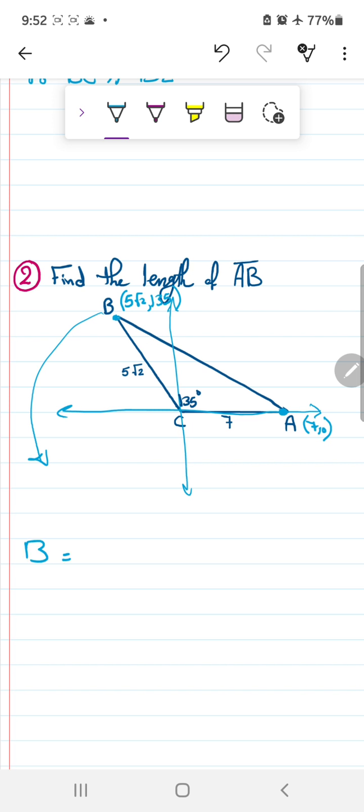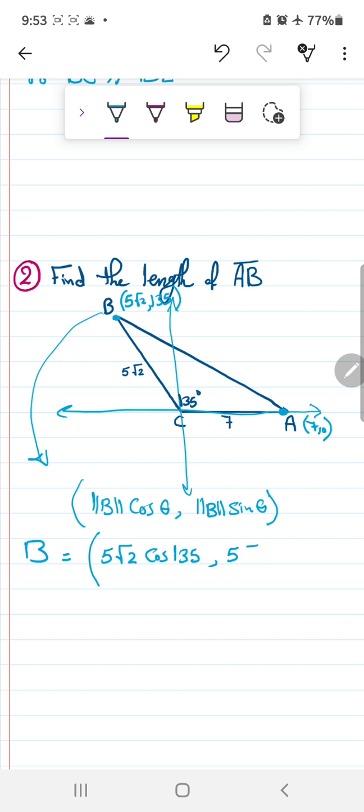So B equals, as we said, norm B cosine theta to get x, and norm B sine theta to get y. Norm B here is 5 root 2. Norm is the length. Cosine theta, cosine 135. And also 5 root 2 sine 135. Using your calculator, 5 root 2 cosine 135 will be negative 5, and 5 root 2 sine 135 will be 5. So we get the coordinates of B.